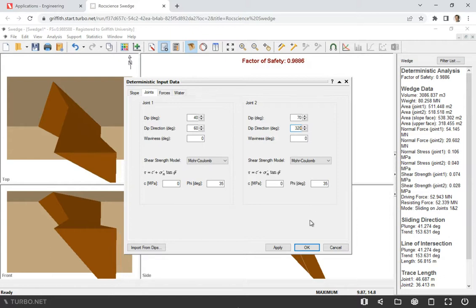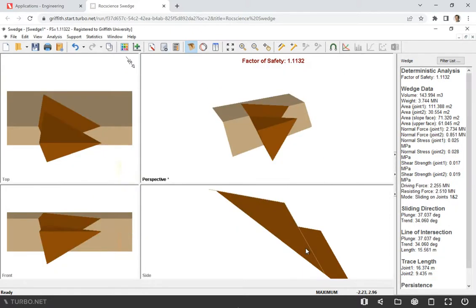Okay, so now I'm going to click OK, and you see that the safety factor is 1.11, right? I'm not sure why there are four decimal digits. I don't think that makes sense, because when we do slope stability analysis, we need to round the safety factor. There is no way we can estimate it with such precision.